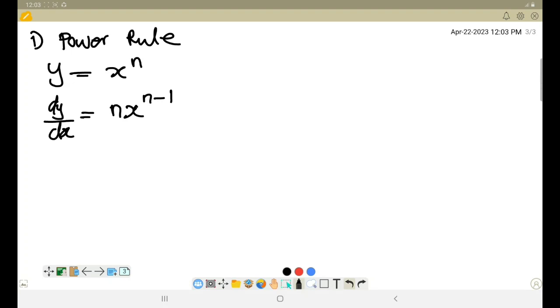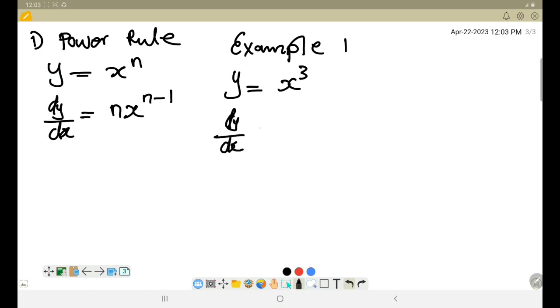So we can look at an example of this. Of course, we will look at a simple example. If you have y equals x to the power 3, and you find the derivative, so differentiating is also called finding the derivative. dy/dx, you bring down the exponent, which is 3 in this case, so 3x.